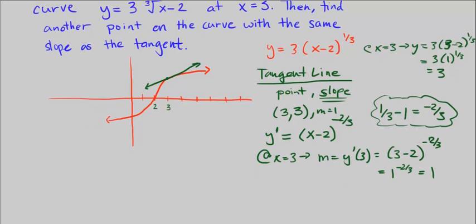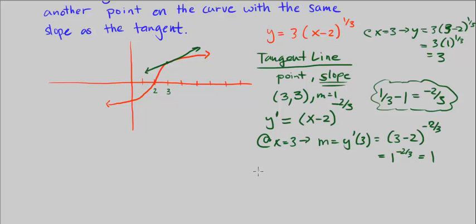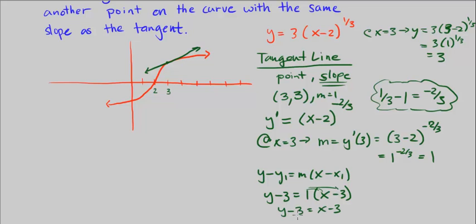Let's make the equation of the line. We can use the point-slope form and plug in our known values. y minus 3 is equal to our slope of 1 times (x minus 3). Y minus 3 is equal to x minus 3.